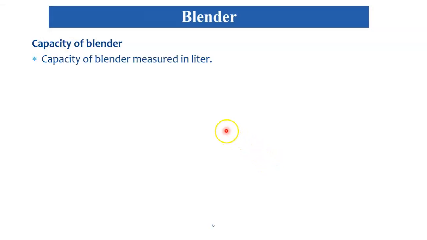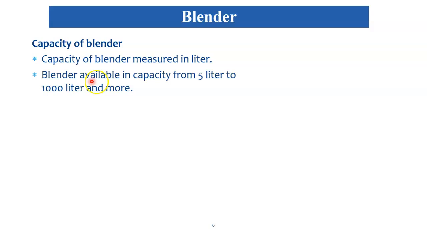Then capacity of blender. The capacity of blender measured in a liter, not in a kg. Blender available in capacity from 5 liter to 1000 liter and more. For small scale batches in R&D level, 5 liter blender are used, and for commercial batches 1000 liter or more capacity of blender are used.